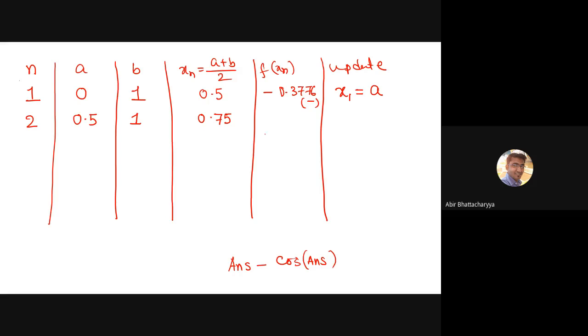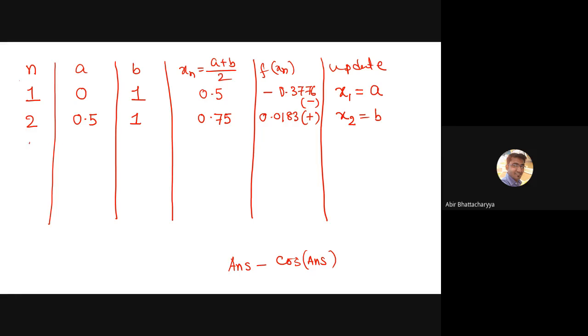Yes, Sam, 0.0183. Okay, 0.0183, and it is positive. Since it's positive, we have to update x2 now. x2 equals b.